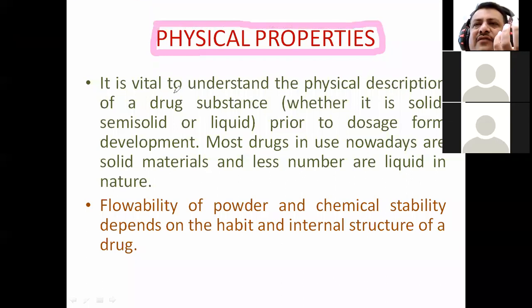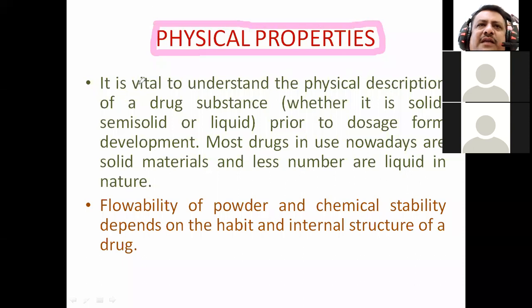Suppose I have something in a semi-solid form, that is a cream or gel. If I have something in the form of gas, that is the aerosol system, or the various medicinal gases such as oxygen, which we give. So these are the different states which we have. In the same way, this plays a major role in the overall pre-formulation study of a drug. Now let's see in detail.